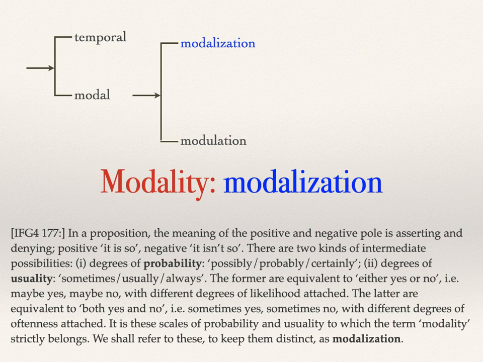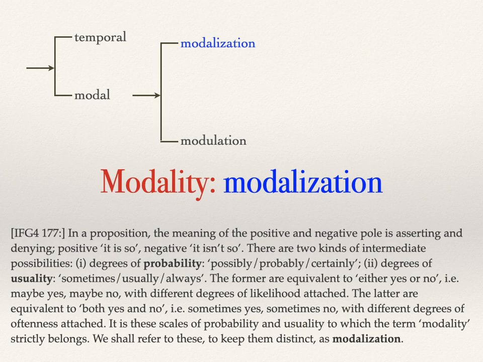So while obligation is often used in philosophically, logically influenced accounts of modality as deontic modality, modalization of the type probability, again, when influenced by the philosophical tradition, is called epistemic modality. But these accounts tend to miss out. They tend not to take account of usuality, for example. In any case, these are then degrees between categorically it is so and categorically it is not so for negotiating the validity of a proposition.